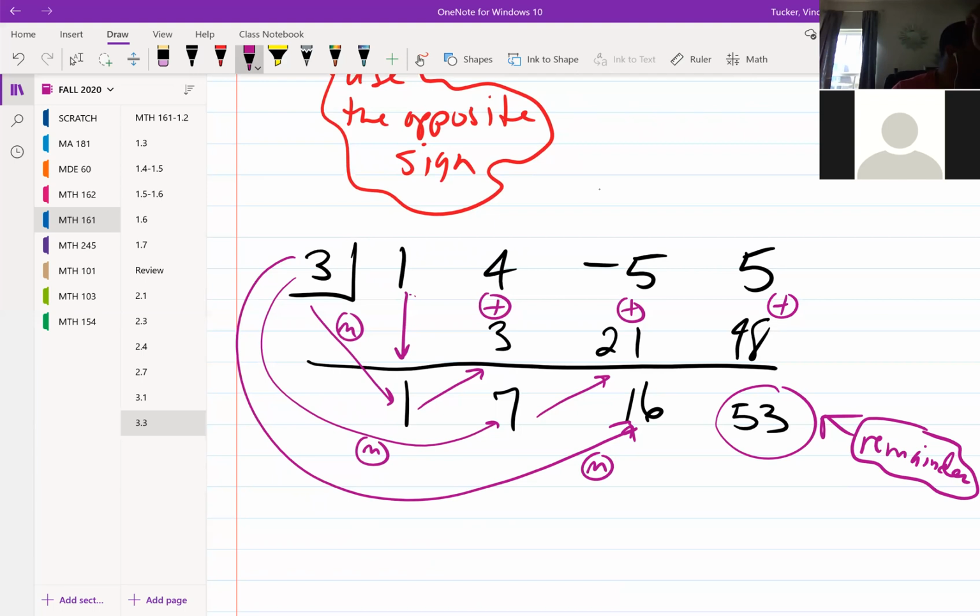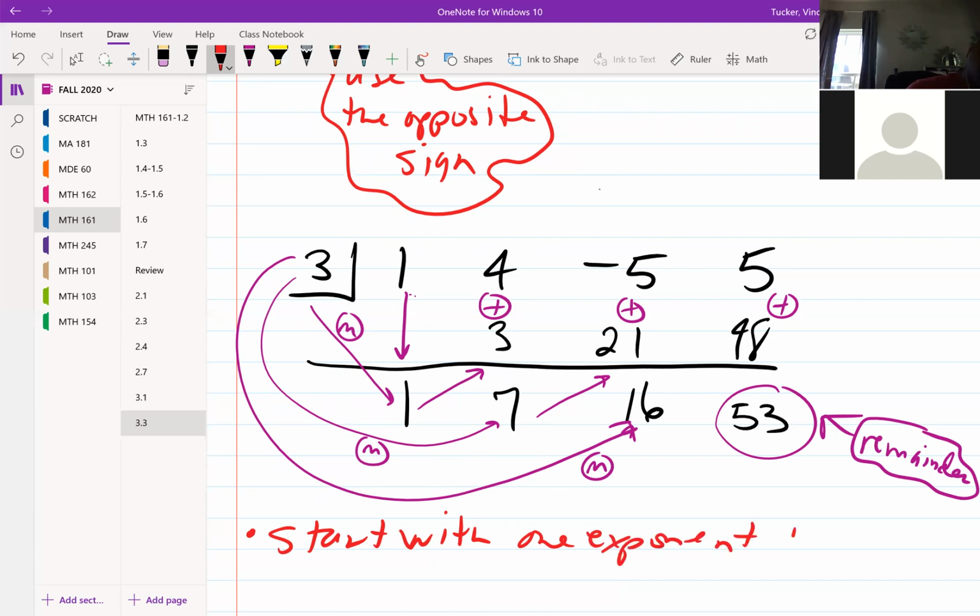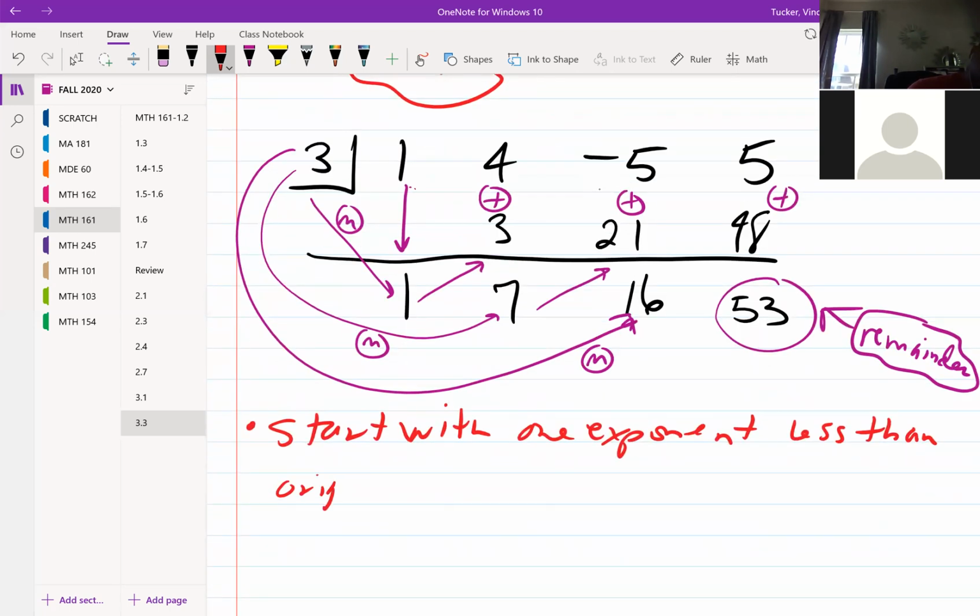All right, before we finish it off, any questions with the process? So we're going to start with an exponent one exponent less than the original polynomial.